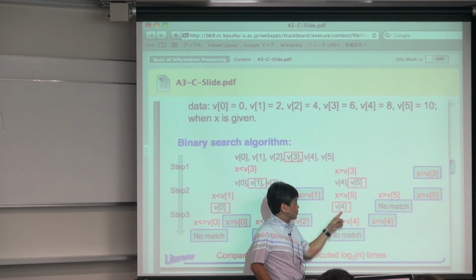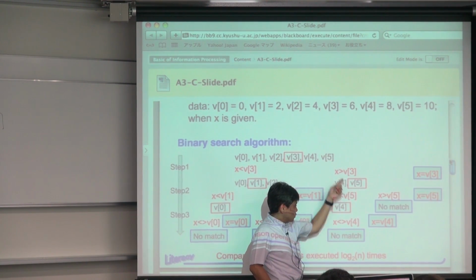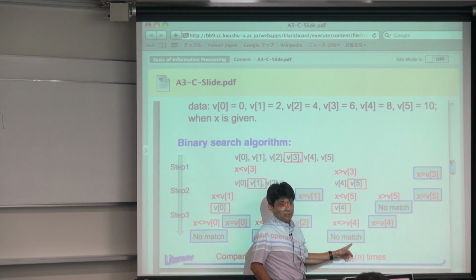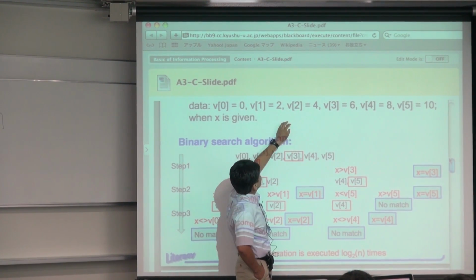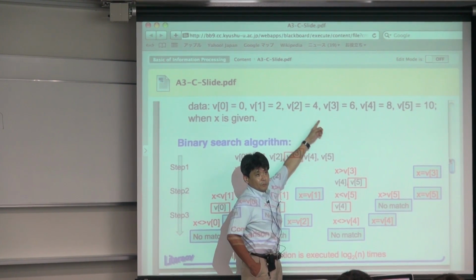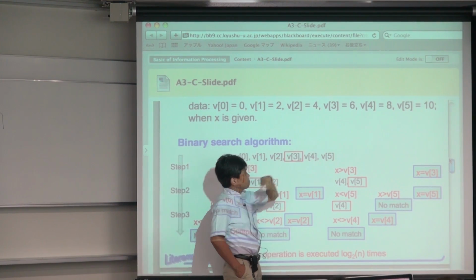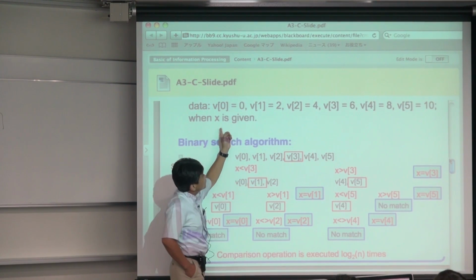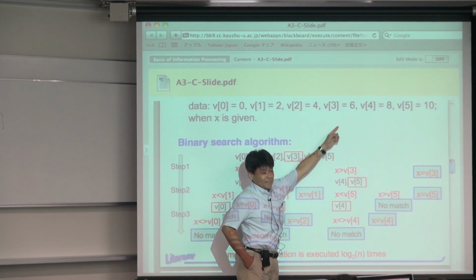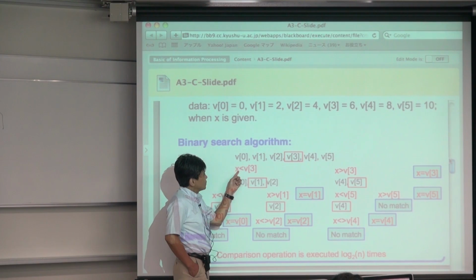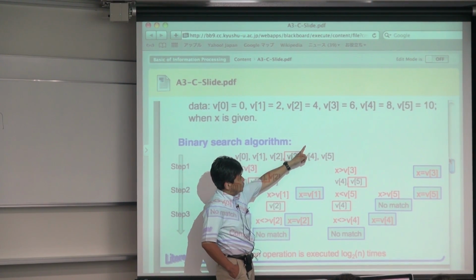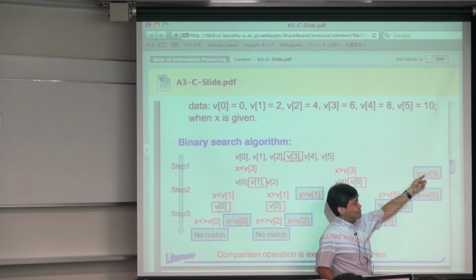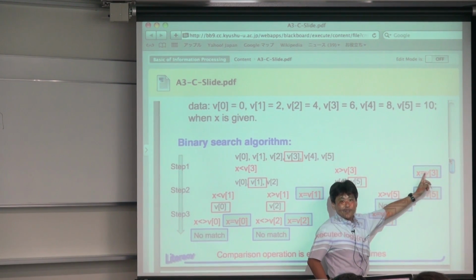However, this is not a match, so the program returns the no match result. In fact, 5 is not included in the initial data. Next case, for example, x is 6. The v3 is 6, so this is true, and the program can return the integer 3 as a result.